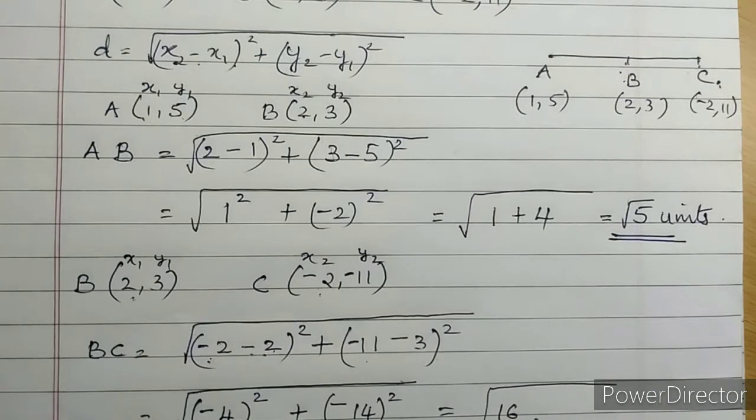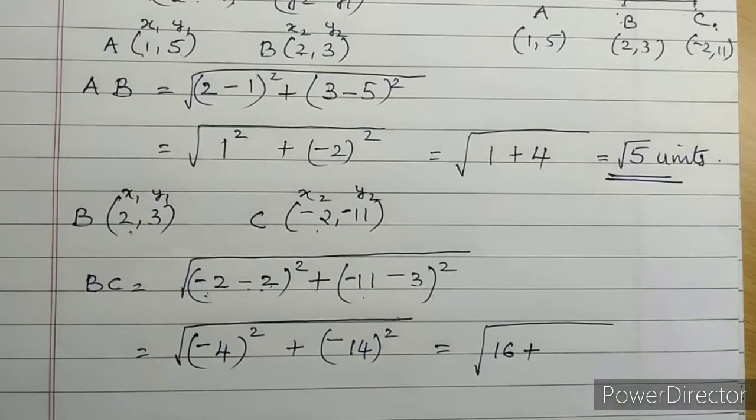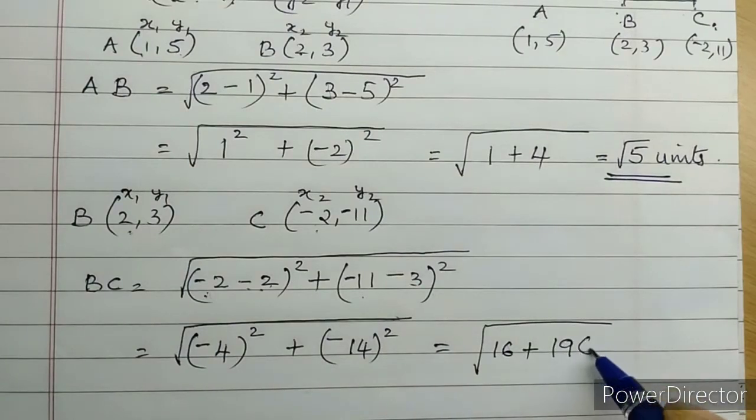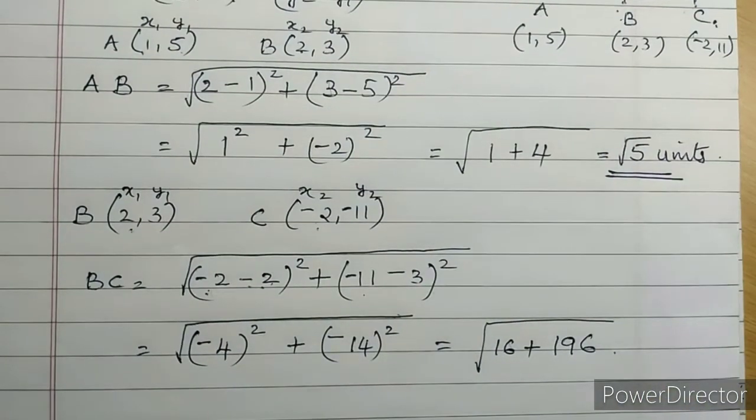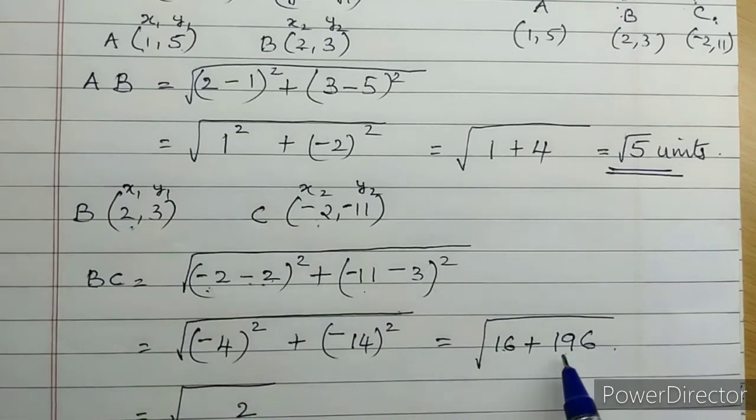Positive 16, plus minus 14 whole square. Negative into negative is positive. 14 square is 196. So 16 plus 196, square root of 16 plus 196, how much will it come? 212. Square root of 212 units.